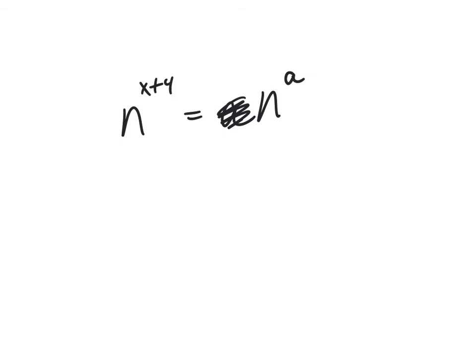It's not exactly this, but it's like this. N to the x plus 4 is equal to n to the a. Solve for x. Take your best guess. Take your best shot at it. And usually, the people that are having trouble are making an assumption that is not true. I'll tell you what that assumption is. If you think you can't do it, you're making an assumption.